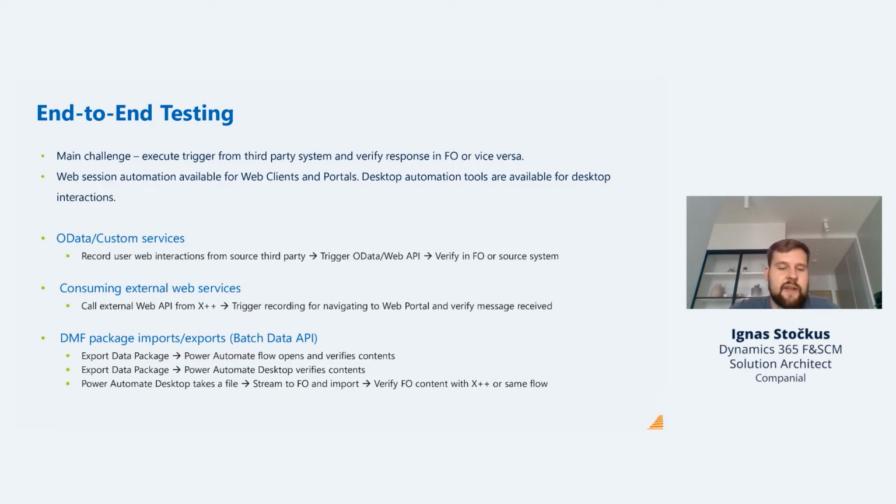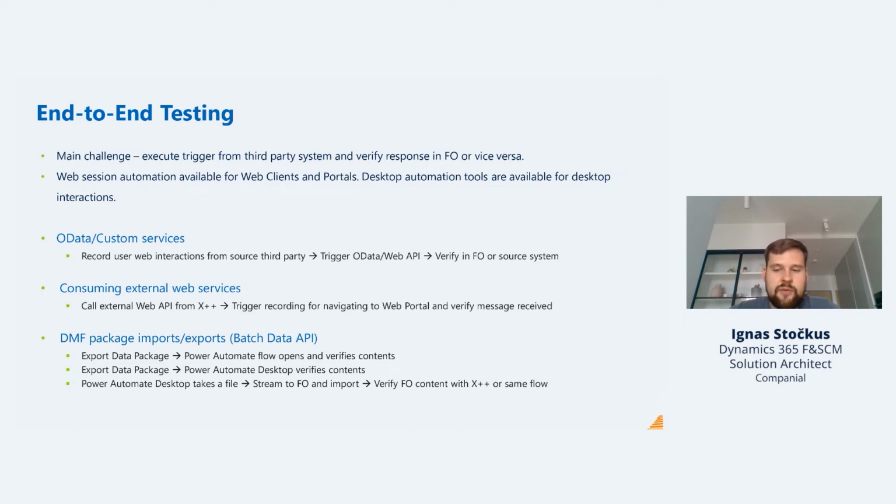Another scenario which is very common is when you have on-premise applications. So usually it's either a cloud application that you need to sign into with a browser, or it's an application that runs on a server. In on-premise applications, you can use desktop automation tools. There's a lot of them. Microsoft has Power Automate and Power Automate Desktop.